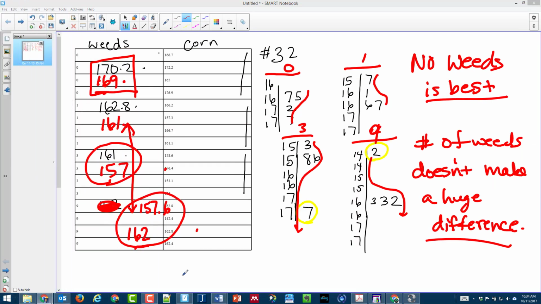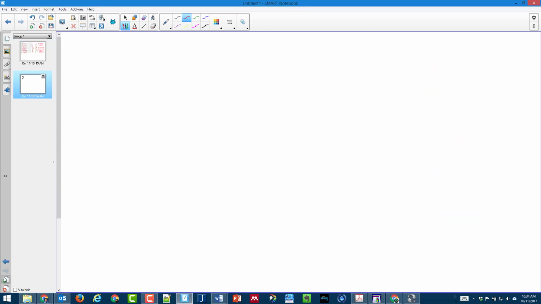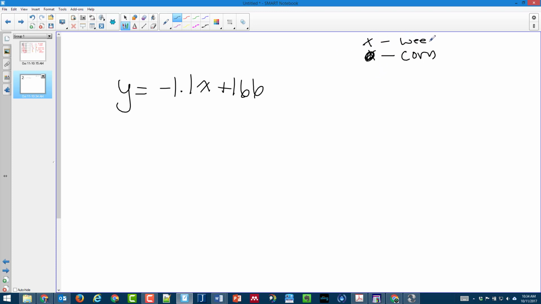As I'm taking a look at this equation, y equals negative 1.1x plus 166. Remember that x was my weed, and y was the corn.